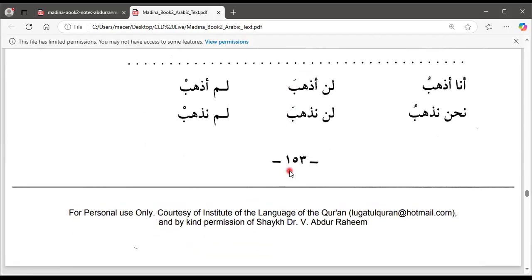Let's look at the last ones here. Ana adhab. Ana adhab. Let's look at the khabar here. Adhab. فعل مضارع مرفوع بالضمة which is علامة رفع, the sign that it is marfu'. What if you use lan? Lan adhab.